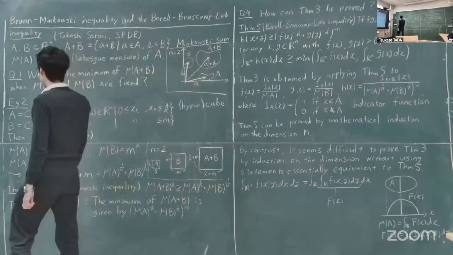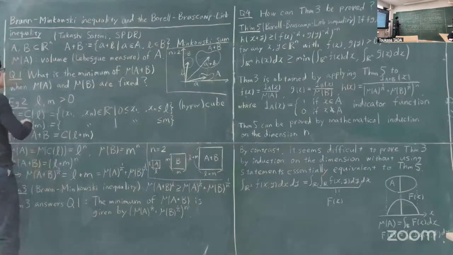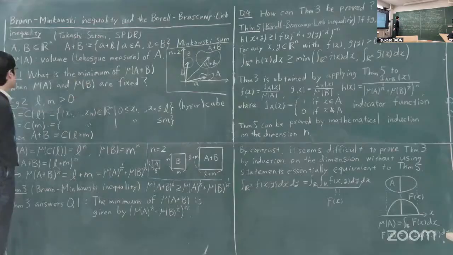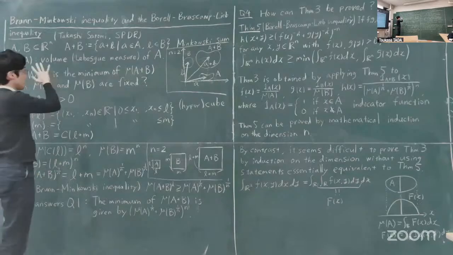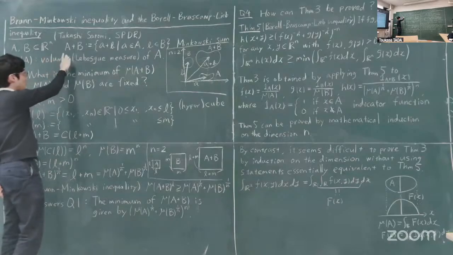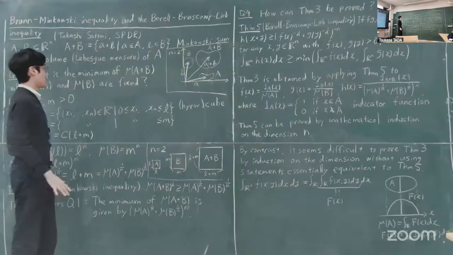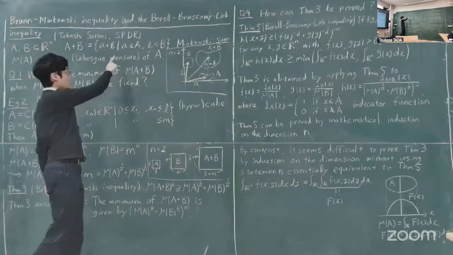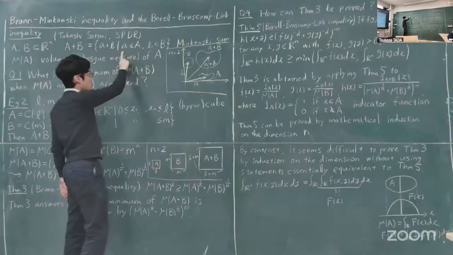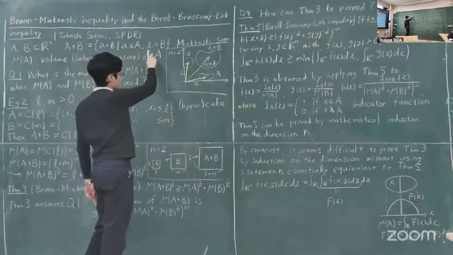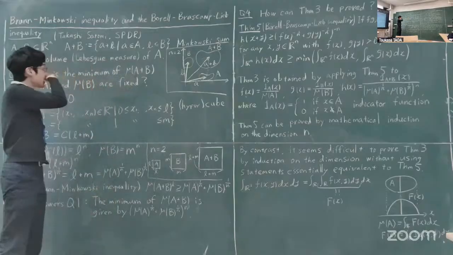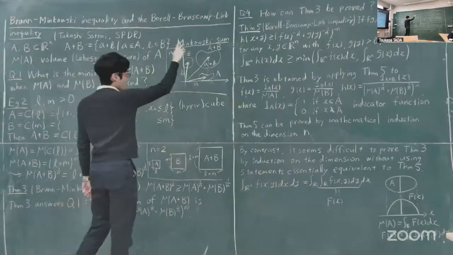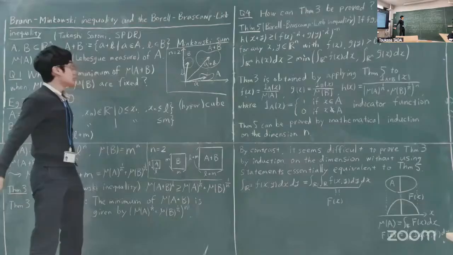First, we see the setting of the Brunn-Minkowski inequality. For two sets A and B, the Minkowski sum A plus B is defined as the set of a plus b, where a belongs to A and b belongs to B. Here is a two-dimensional illustration of the Minkowski sum.